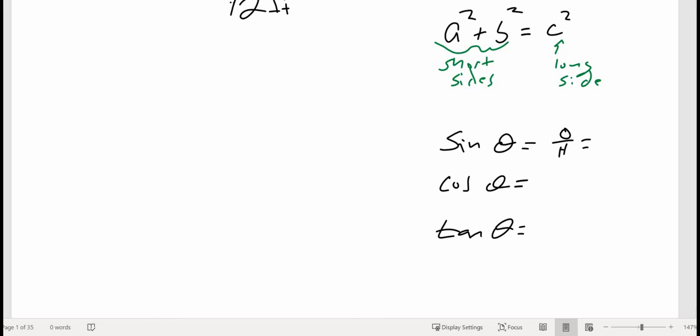Sometimes me and technology don't get along so well. Now, I'm going to start filling in some blanks. The angle I'm thinking of right now is that 23-degree one.